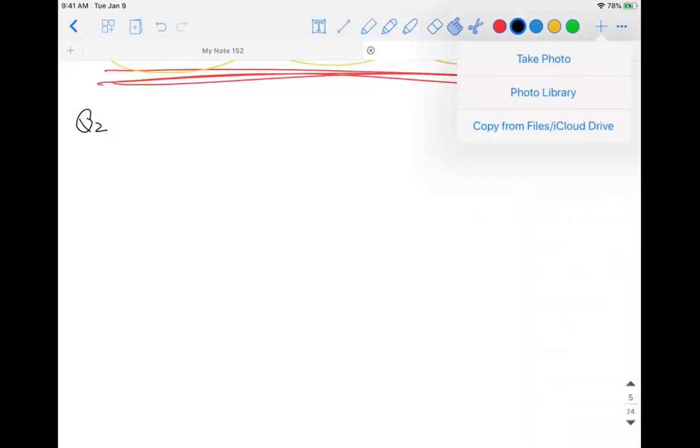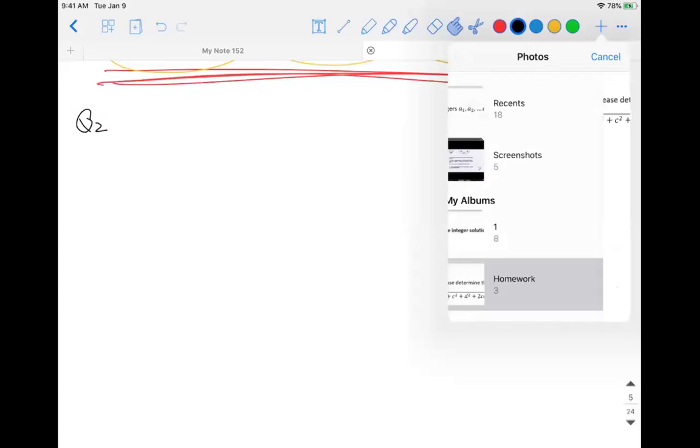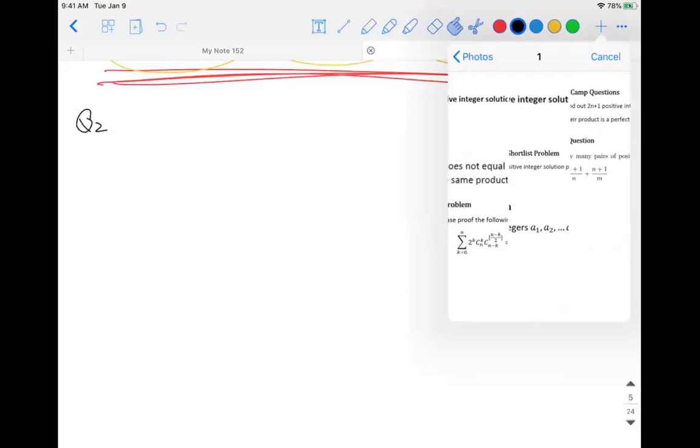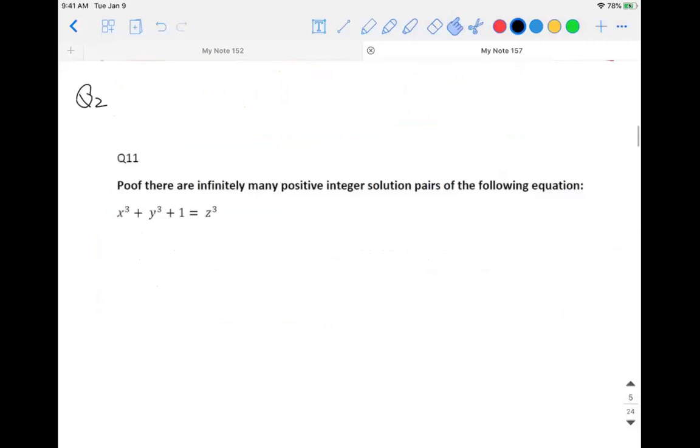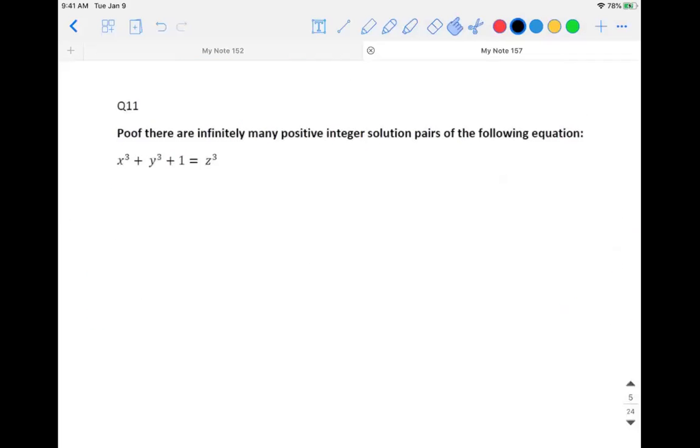All right, so if we're all good, let's go for another problem. Quite alike. But the second problem is a little bit harder, you need to think about how to create this m. Same thing. Prove there are infinitely many positive integer solutions of the following equation. Same thing.